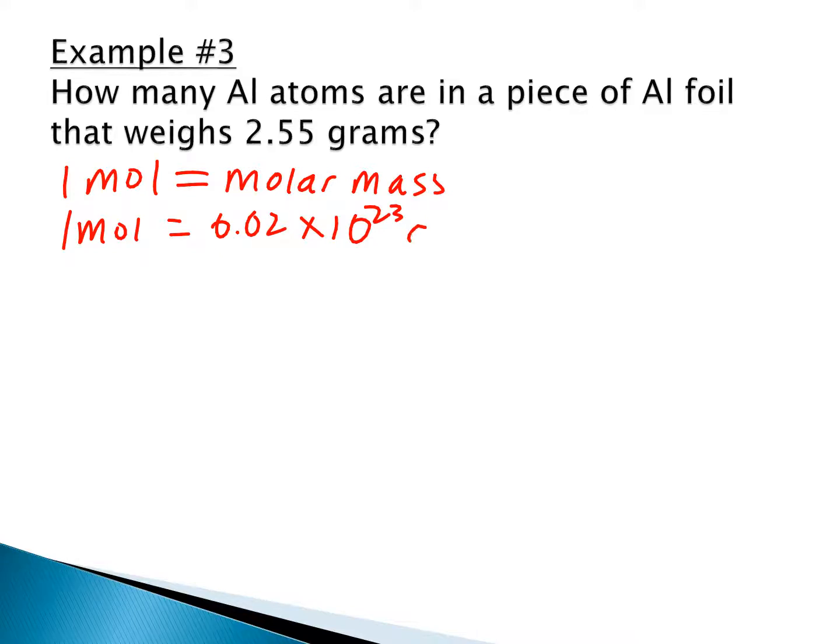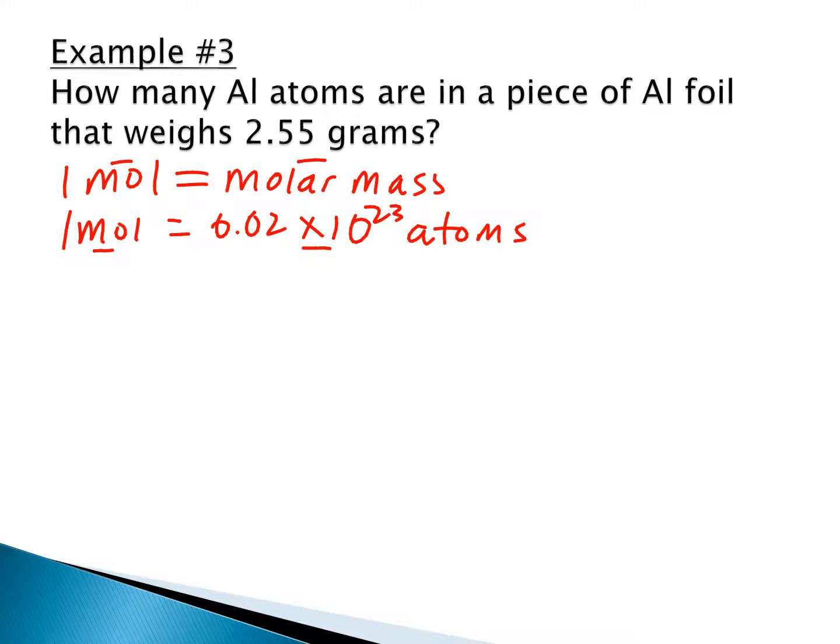In this case, it would be atoms because we're talking about aluminum. So I do not have a conversion factor that directly connects the number of grams to the number of atoms. I have one that connects moles with mass and one with moles with atoms.